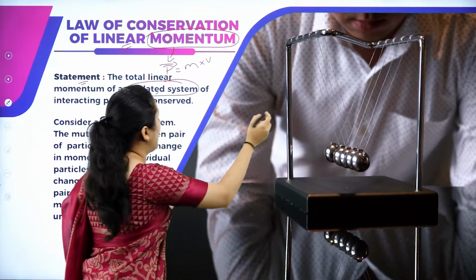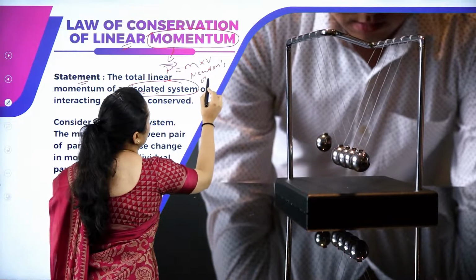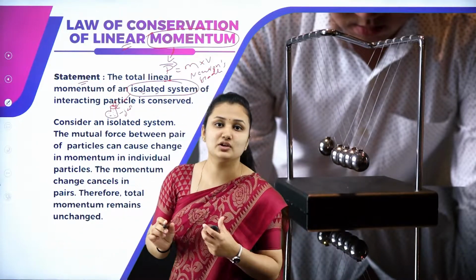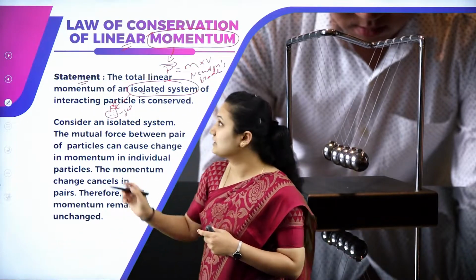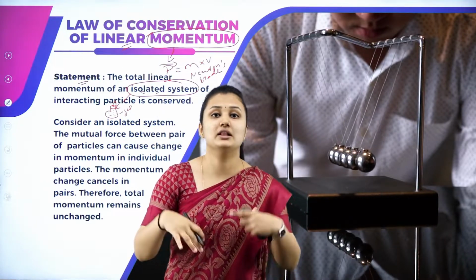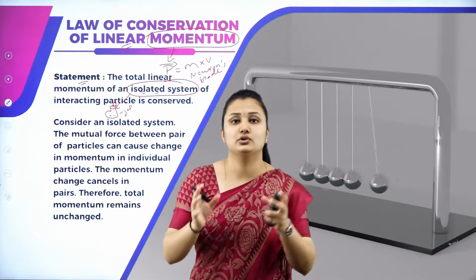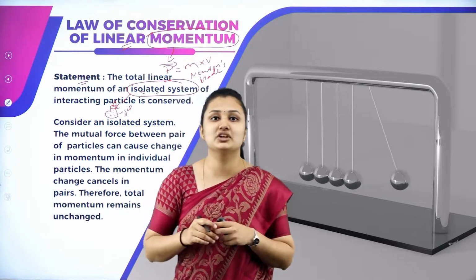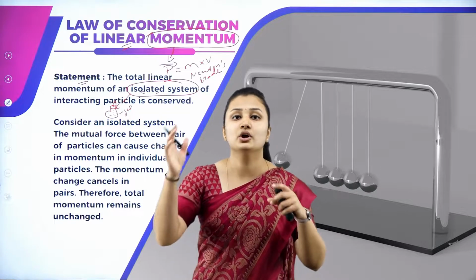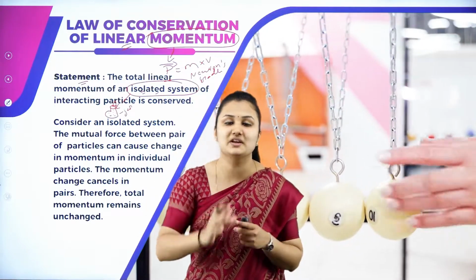We have Newton's cradle, which works on the principle of the law of conservation of linear momentum. The principle states that the total momentum before collision is equal to the total momentum after collision, that is, the total momentum of the system is conserved.